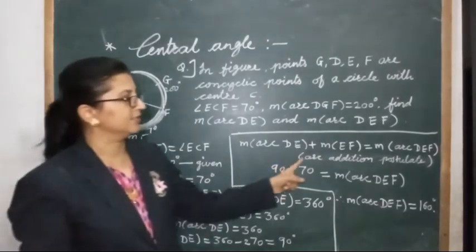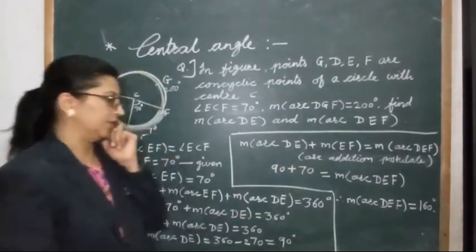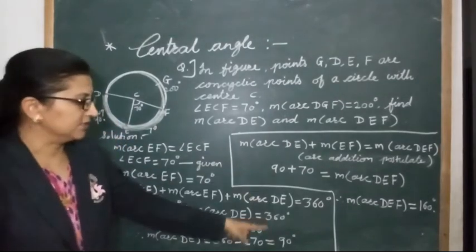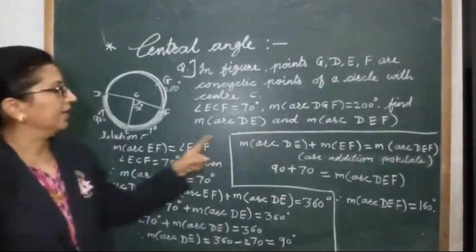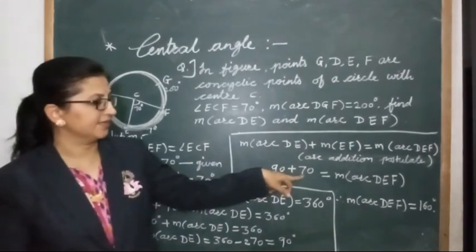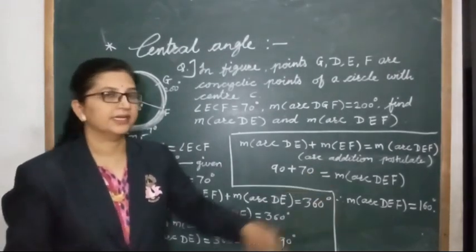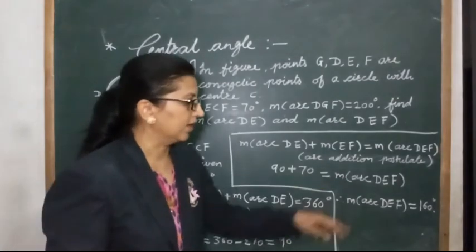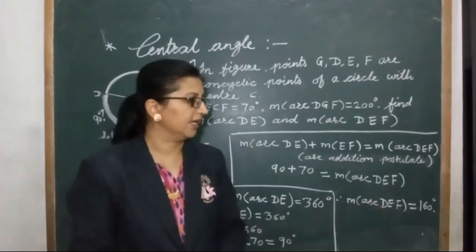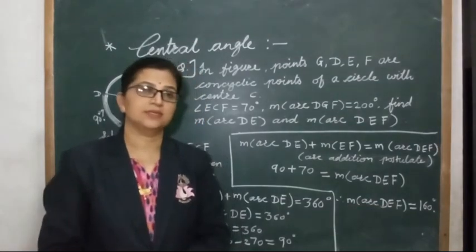We can call it the arc addition postulate. Now here DE is 90, we just found it out, and EF is given here, that is 70. 90 plus 70, we get the measure of arc DEF, and that we got as 160. So in this way the measure of arc DEF is equal to 160 degrees.